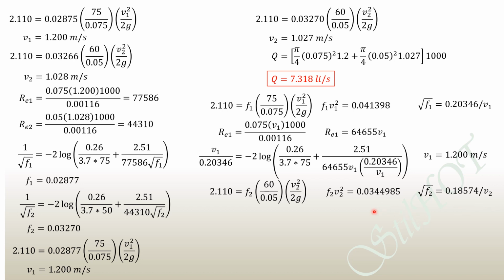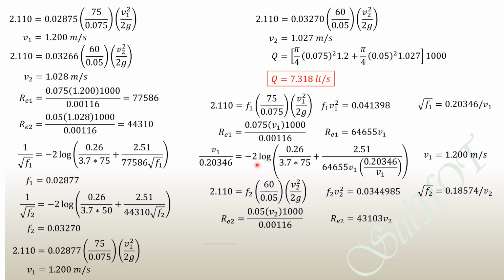Then the Reynolds number: diameter of pipe 2, 0.05, mean velocity V sub 2 times density 1000 over 0.00116. So it is equal to 43103 V sub 2.